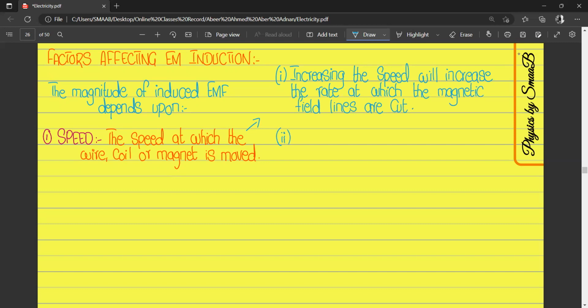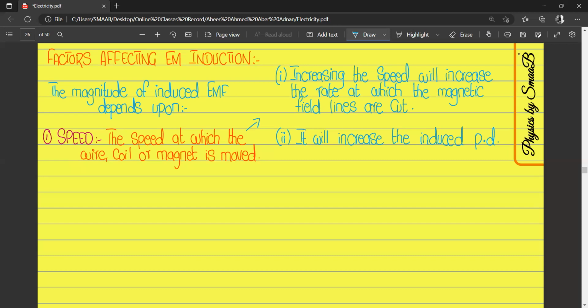And due to the change in speed of the conductor or the wire or the magnet, it will increase the induced potential difference. Okay, these are very basic concepts: the faster you move the conductor or the coil, the higher the value of induced EMF and induced potential difference in the conductor or wire. Okay, so this is the first basic factor which affects electromagnetic induction.